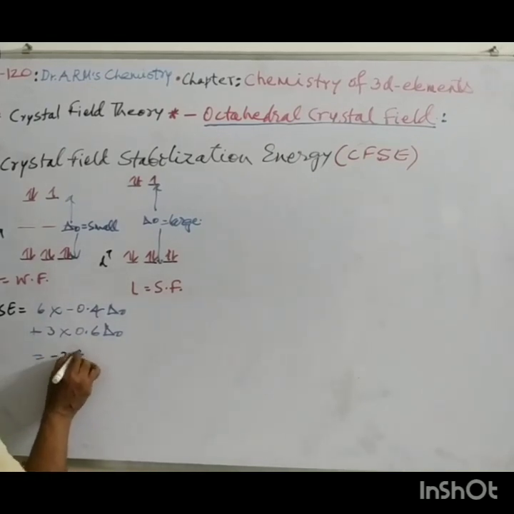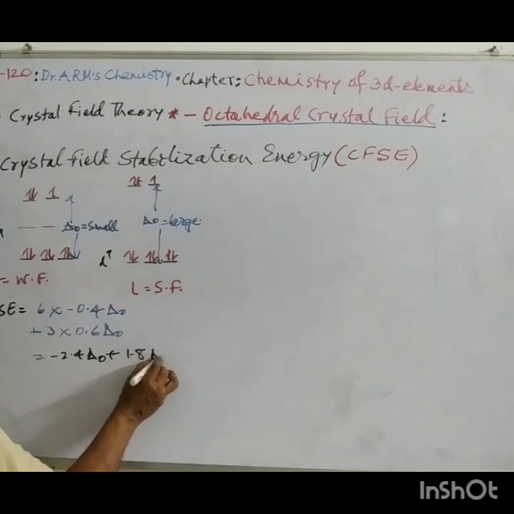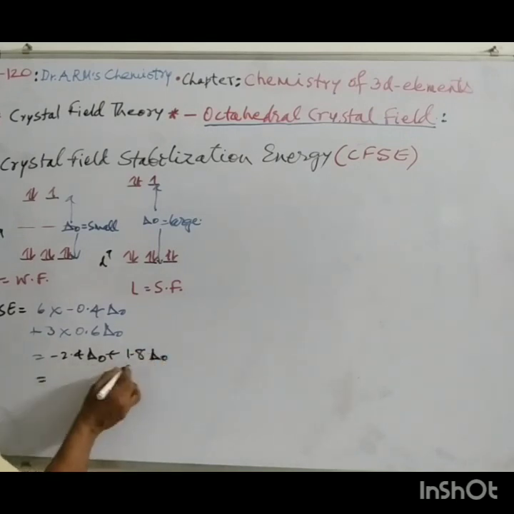Minus 2.4 delta O plus 1.8 delta O. This gives us minus 0.6 delta O. Same in both cases.